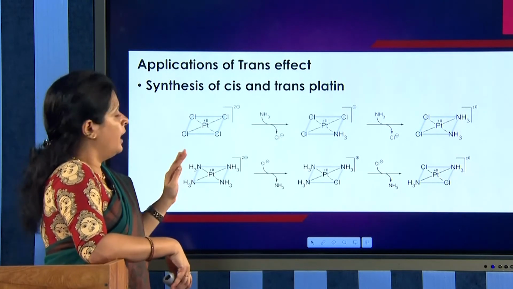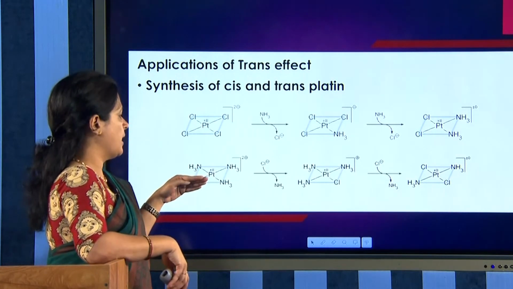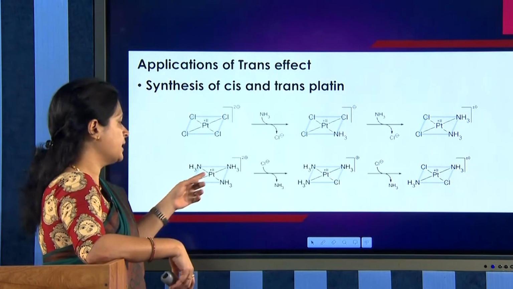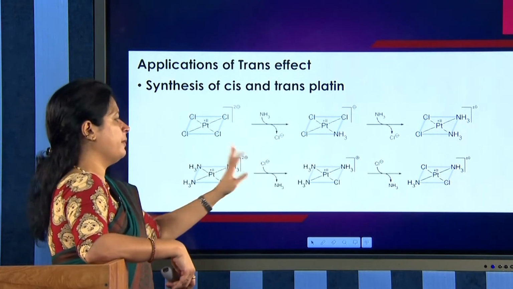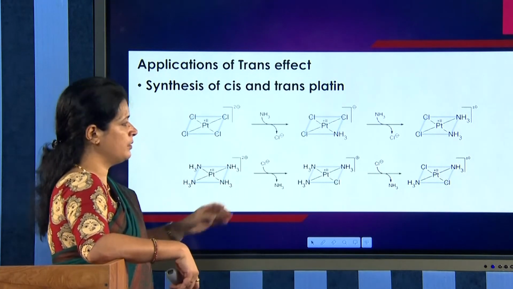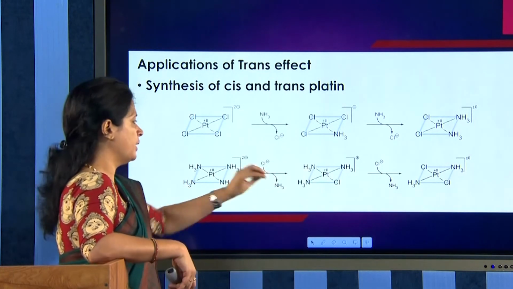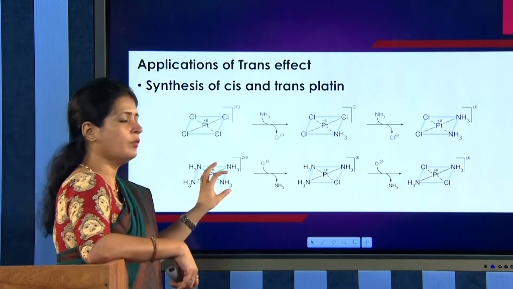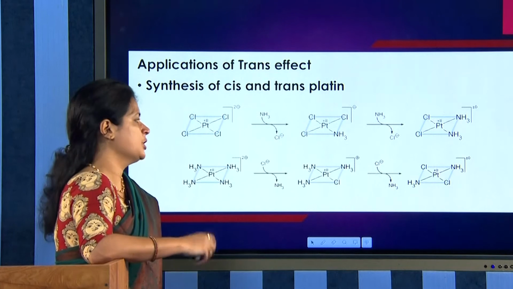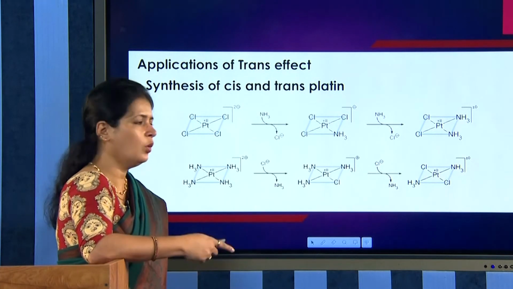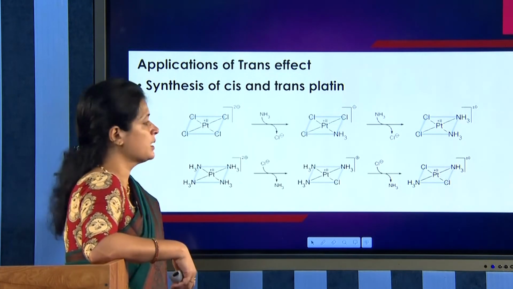Okay. Now the next example, that is if I start with the Pt(NH3)4 2+ complex. Initially if I am adding Cl minus, it will be just substituted, that is, one ammonia will be replaced by Cl minus. And now if I am adding one more Cl minus, what happens?